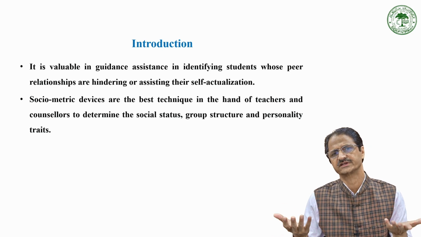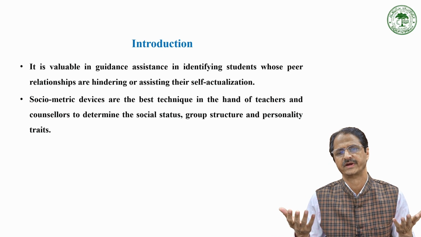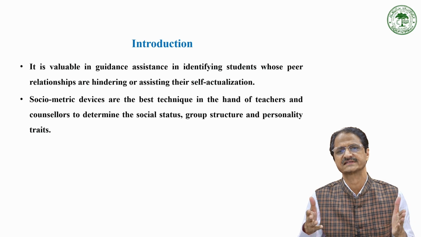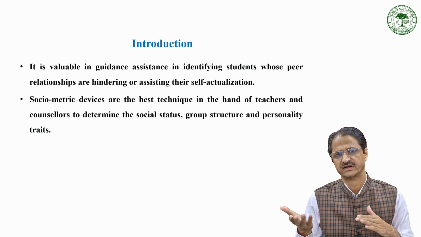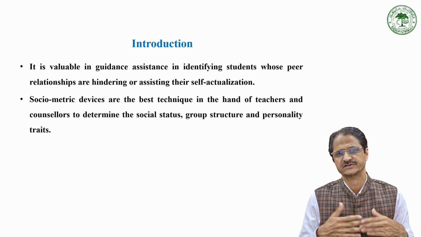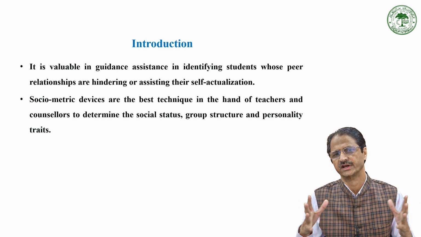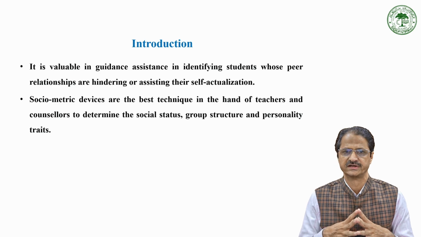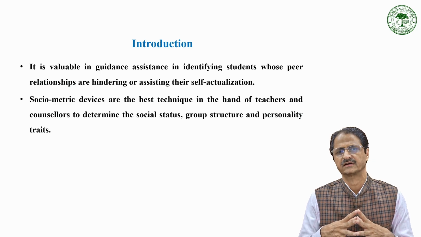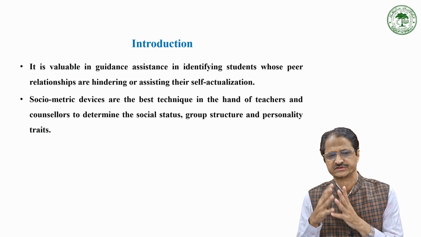If our relationships with the members of the group are better, then we will be able to do the task in a more comfortable manner and we will achieve self-actualization. If the atmosphere or environment is not conducive, or cooperation and coordination among members is not present, definitely the ultimate objective of education, that is to achieve self-actualization, will be a delayed process.